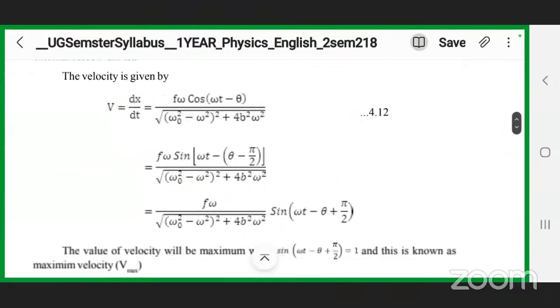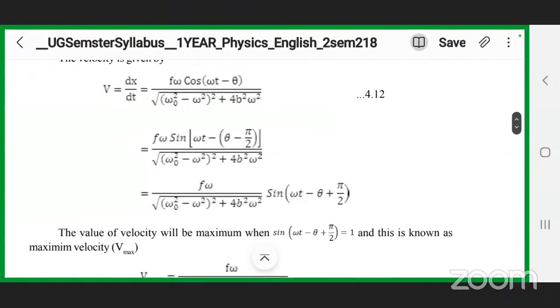Next, cos can be written as sine of omega t minus theta plus pi by 2. Pi by 2 means 90 degrees. So sine of (omega t minus theta plus 90 degrees) gives you cos.